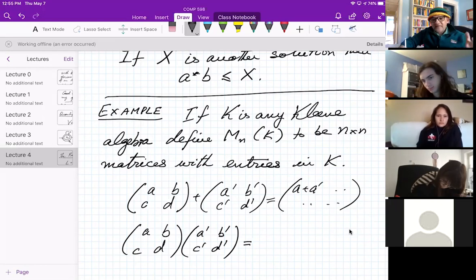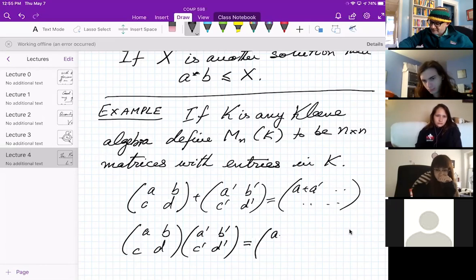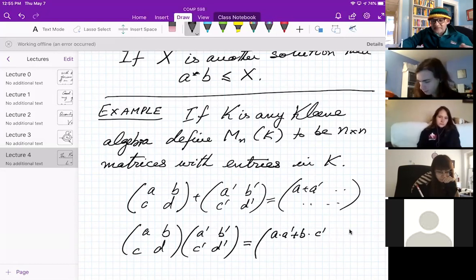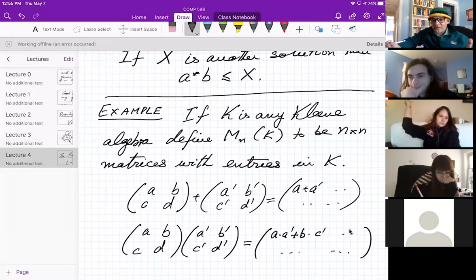So similarly, for matrices of elements from a Kleene algebra, you do matrix multiplication using the plus and times of the Kleene algebra. So it's A prime plus B C prime. And this dot is the Kleene algebra dot. This plus is the Kleene algebra plus, and all the other entries are just as you might expect from what you know already about multiplying matrices.